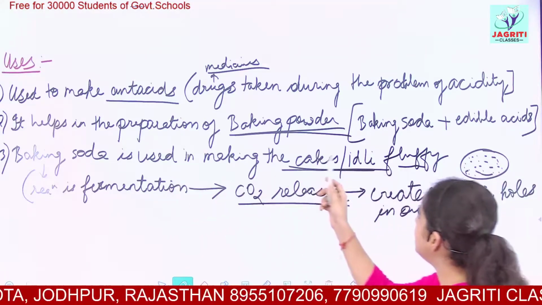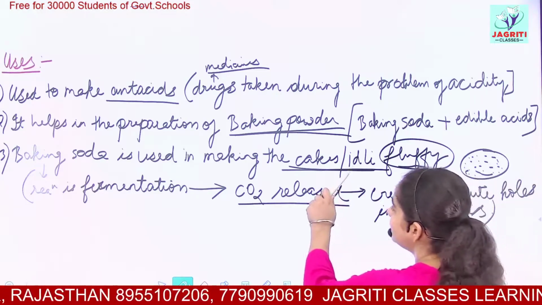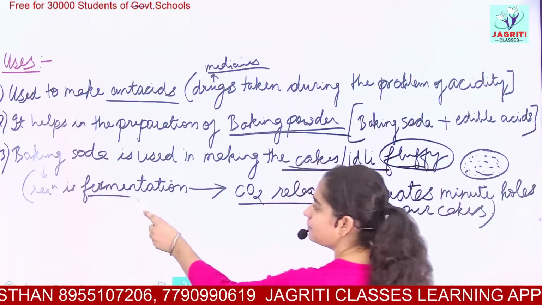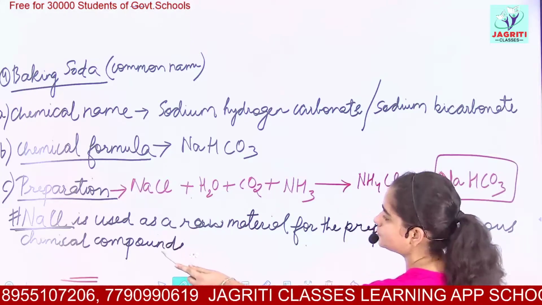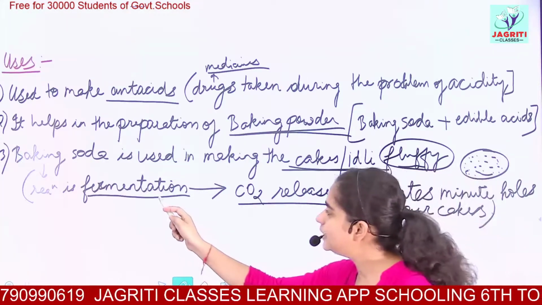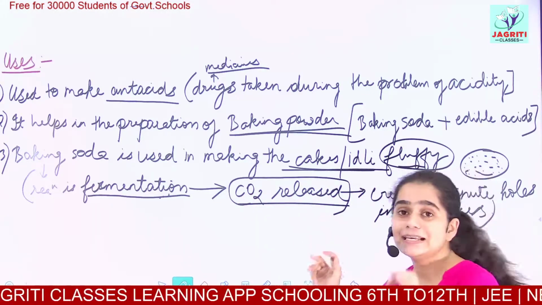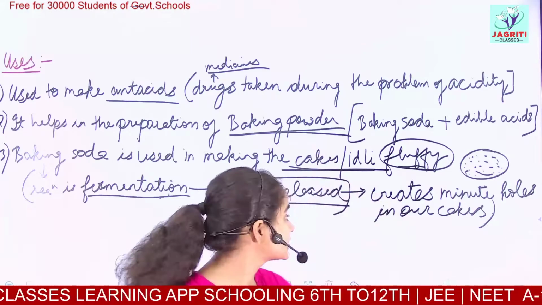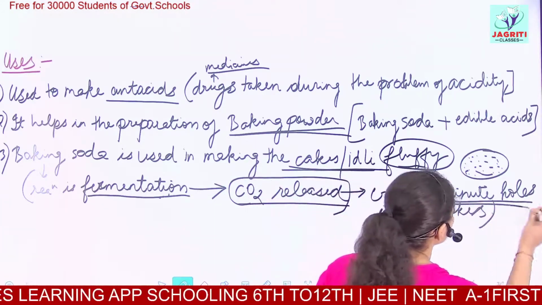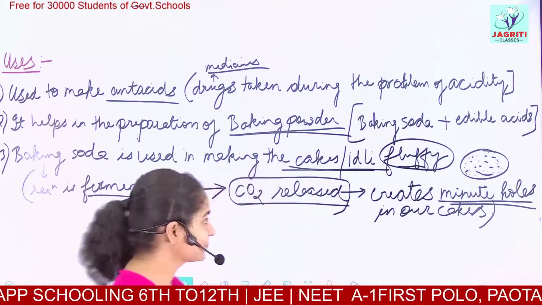So why do we get this fluffy texture? Only because the reaction involved is known as fermentation reaction, which releases CO2, and where CO2 gets released, we get a minute hole, so they are soft and we are able to compress them.